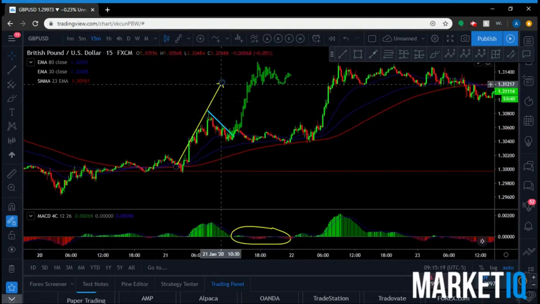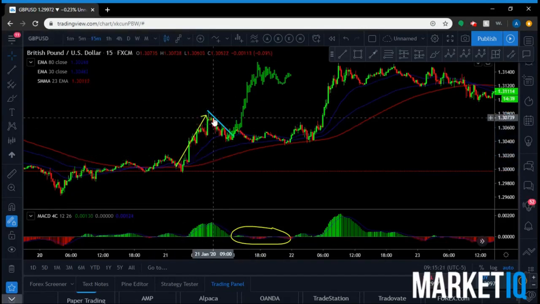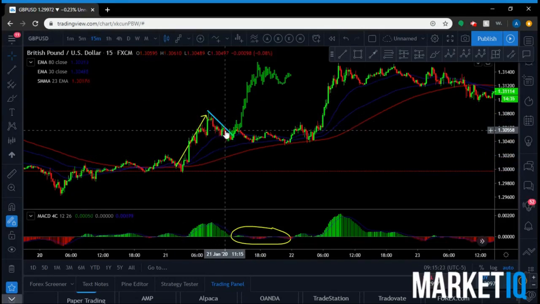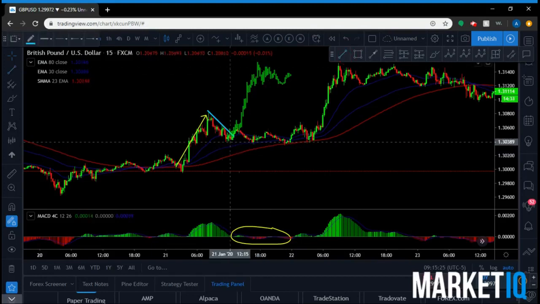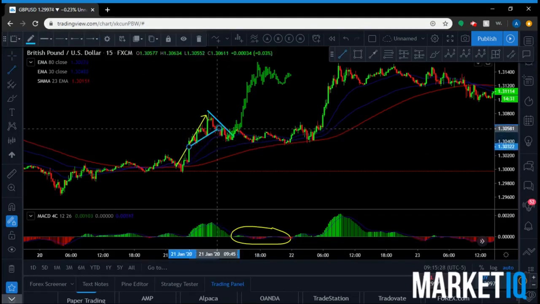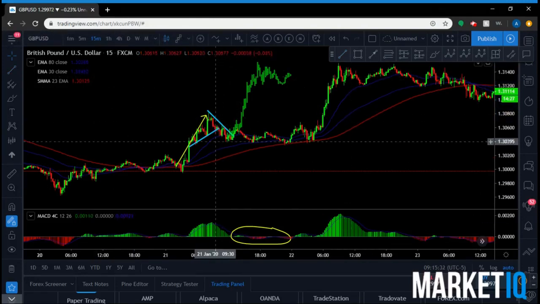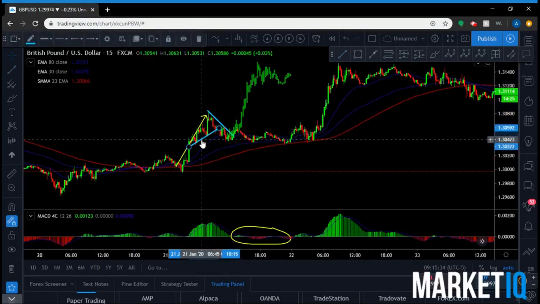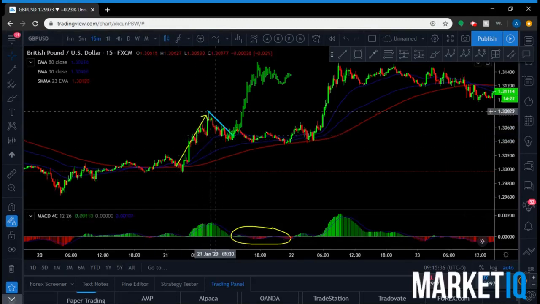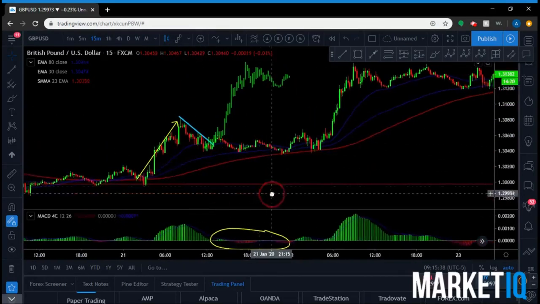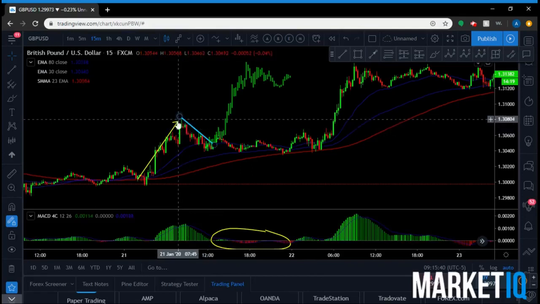You've got your impulse right here, okay? Well, how do you know that it's actually correcting right here? How do you know that this impulse isn't just going to keep going? Well, the main way that I measure this is that you can see we get to the top here. One, we have this rejection candle right here.